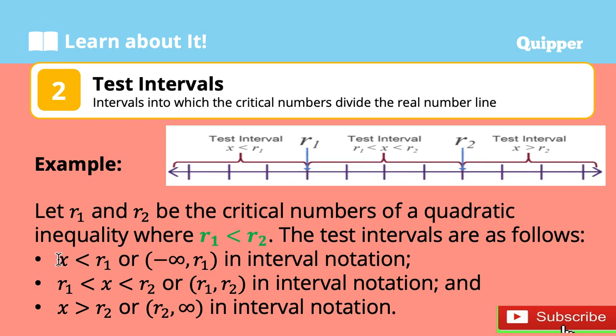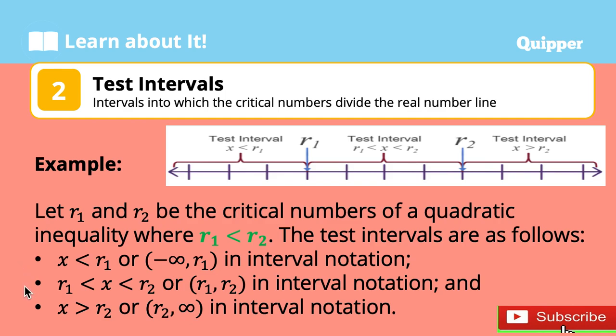First, x is less than r sub 1, or in interval notation, from negative infinity to r sub 1. This is the graph from negative infinity to the first root. That is the first interval.